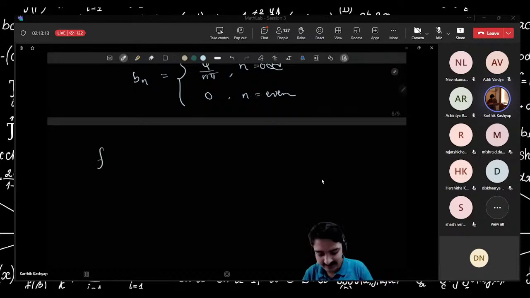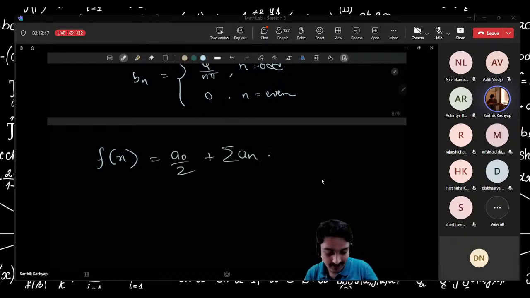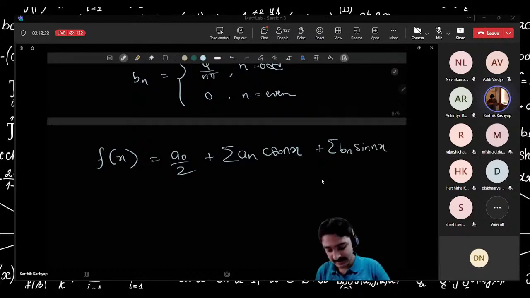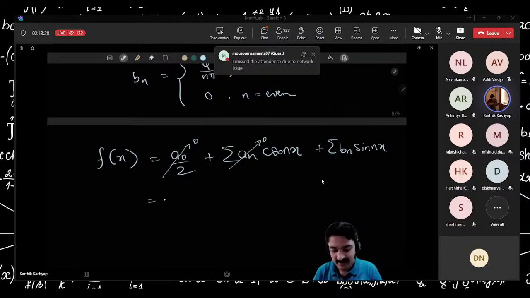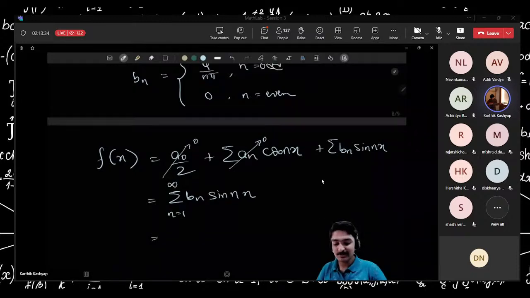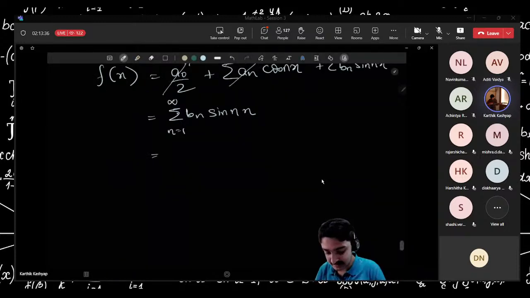So let's just write the Fourier series based on these coefficients: sigma an cos nx plus sigma bn sin nx. So a0 and an both are 0, so these parts are zeros. And then sigma bn sin nx from n is equal to 1 to infinity. Let's split this into two summations.